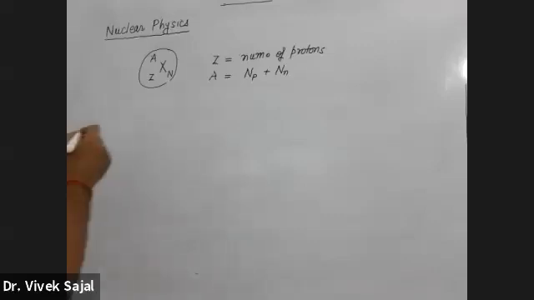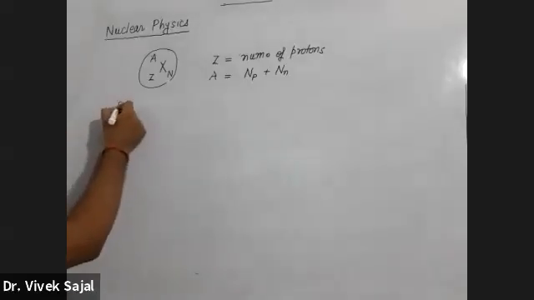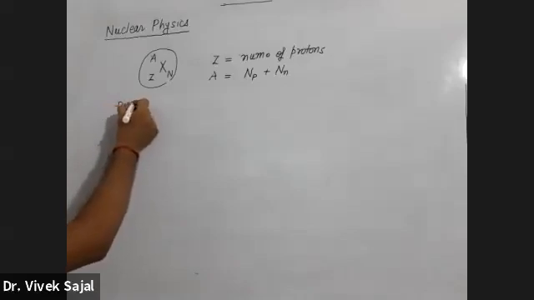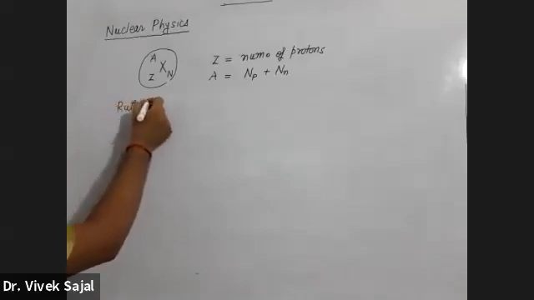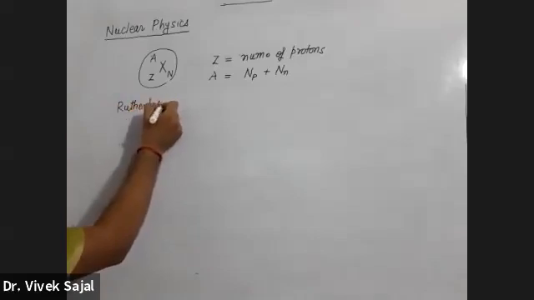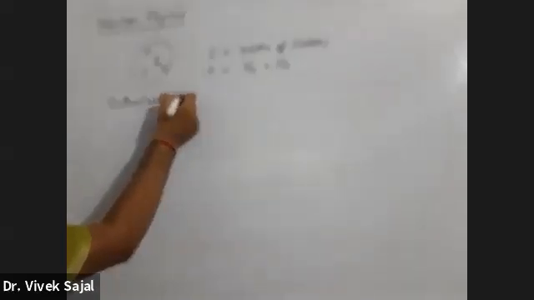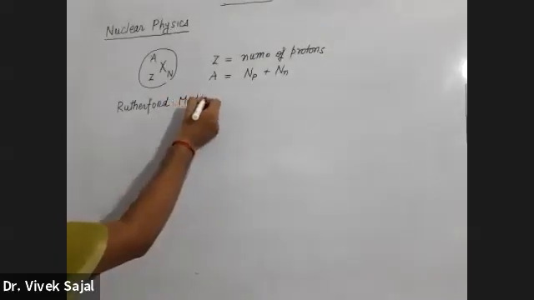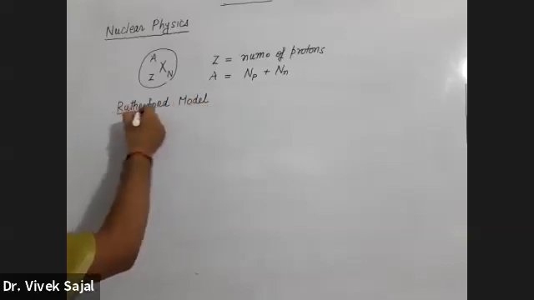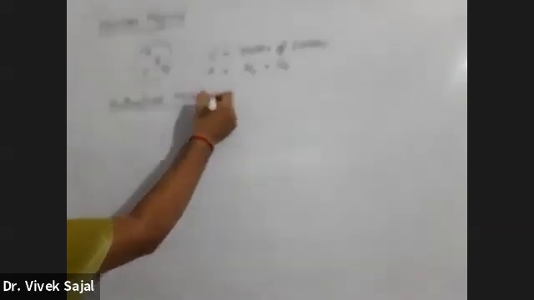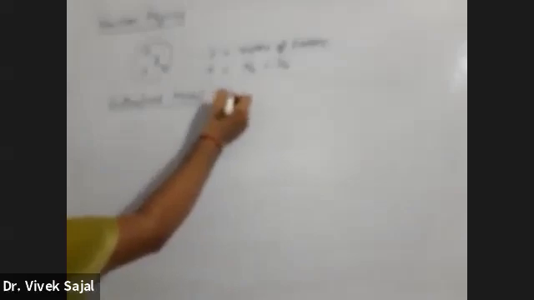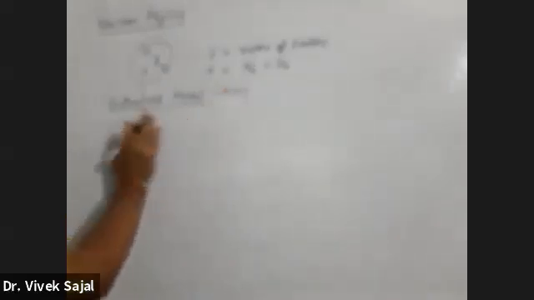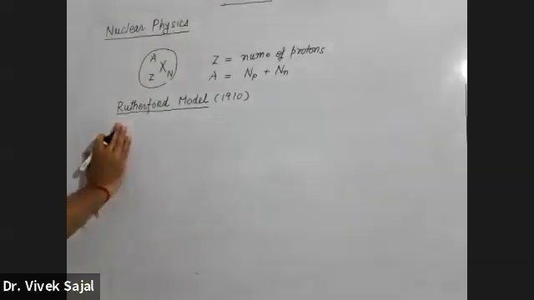So what is Rutherford model? We are going to start with the Rutherford model. In 1910, Rutherford was the person who first time suggested some model for the nuclei of the atom.